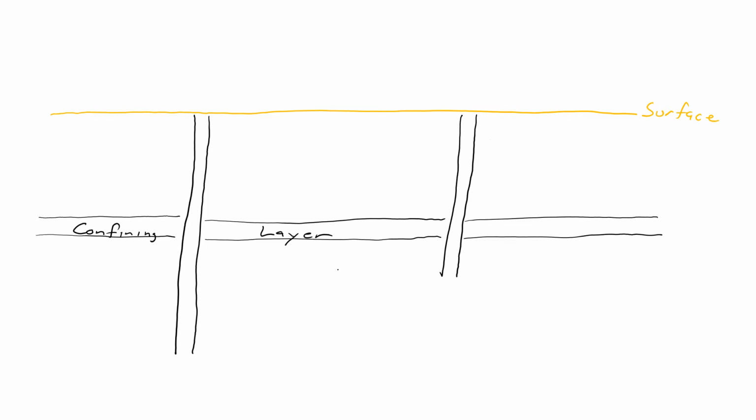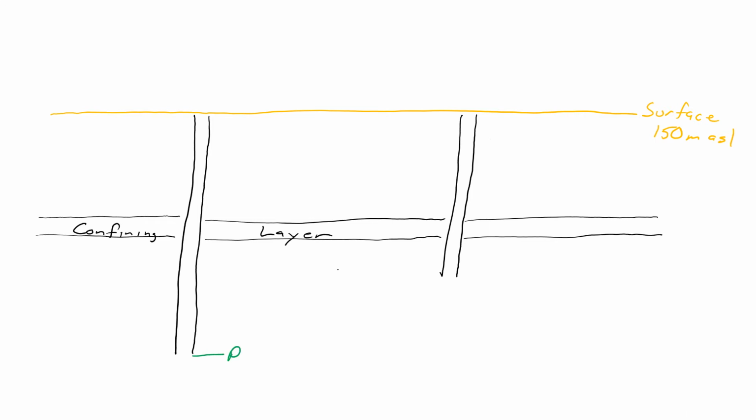What do we know about the elevation of the Earth's surface? 150 meters above sea level. It is, what did I say, 150 meters above sea level, okay? So that's the surface. What do we know about well 1?